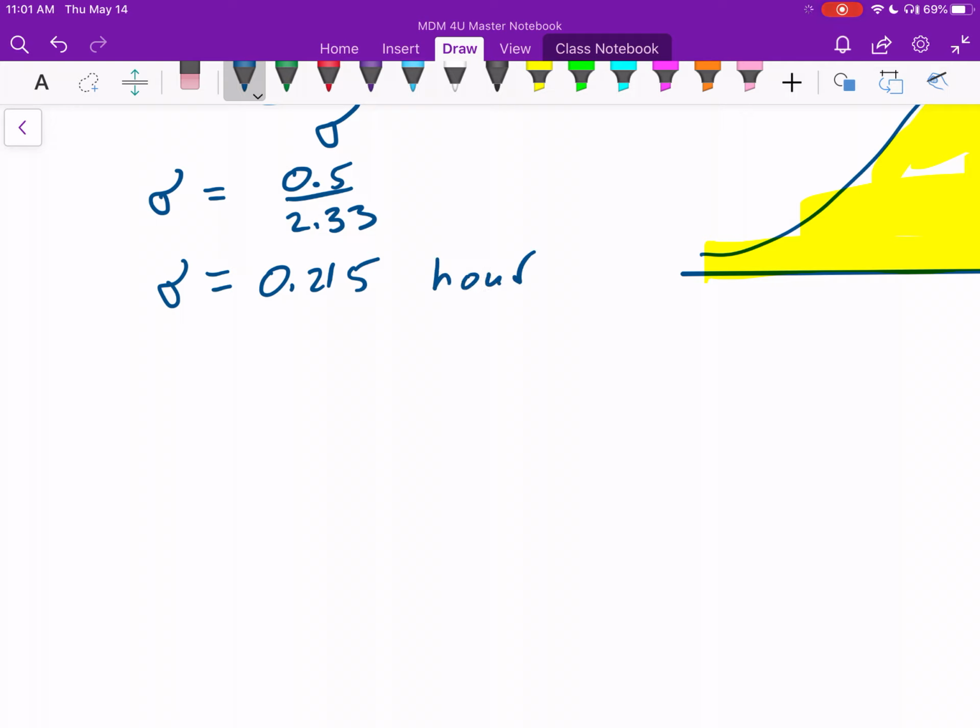If you want to be a little bit more, when I think about that in terms of minutes, I'll go 0.215 times 60, so approximately equal to 13 minutes. Not that I need to use minutes, in fact, I should stick to hours, strictly speaking, for doing my calculations, but just to wrap it up and wrap your head around it, the standard deviation has to be only 13 minutes.